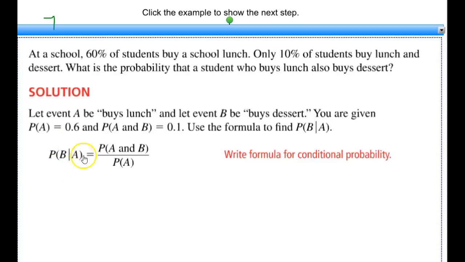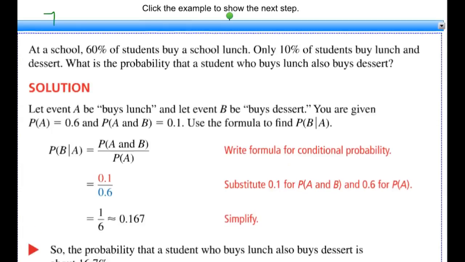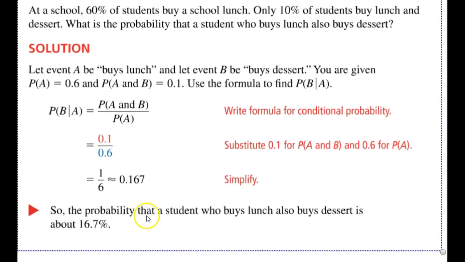The probability of B given that A has already happened is equal to the probability that both have happened divided by the probability that A has happened. So now I can substitute the information that I have, and I can then simplify my fraction, and go from there. So the probability that a student who buys lunch also buys dessert is about 16.7%.